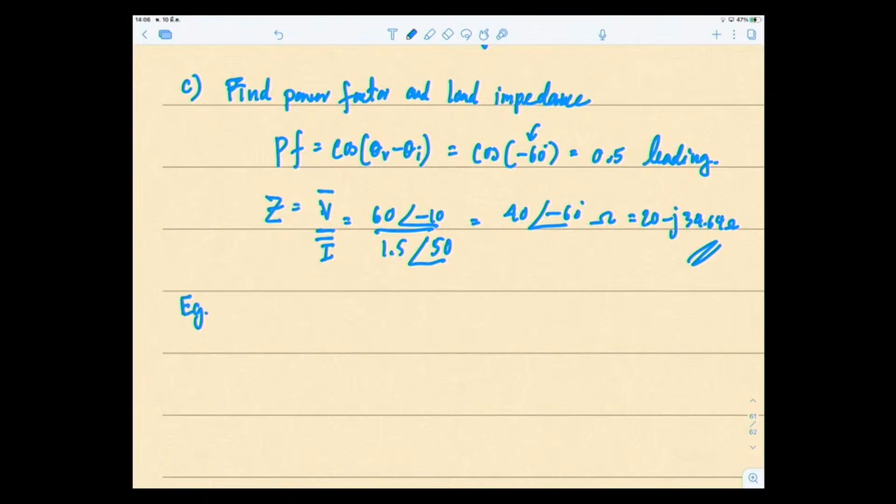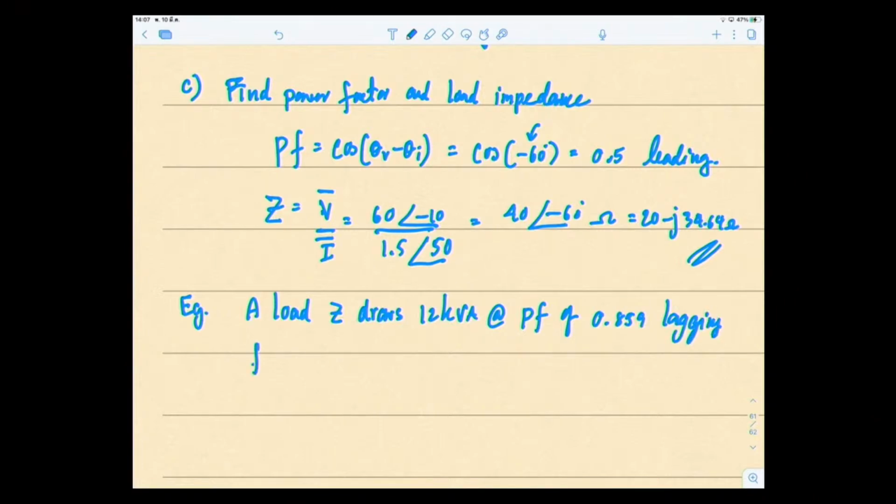So, second example, we have a load Z, and it draws 12 kVA, with a power factor of 0.859 lagging, from a 220 volt RMS source. Okay, and we have to calculate the following.